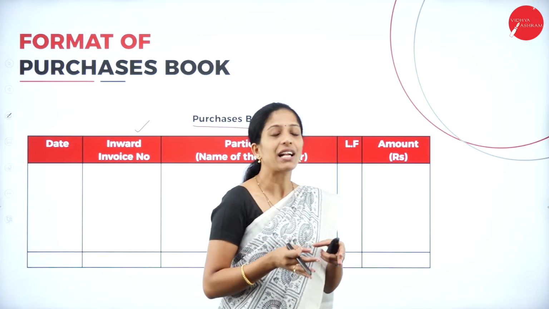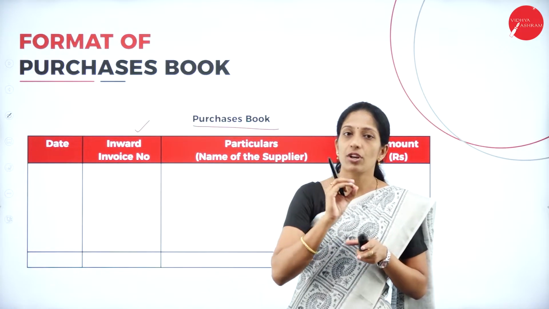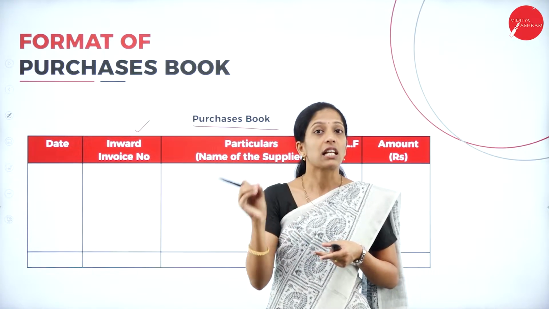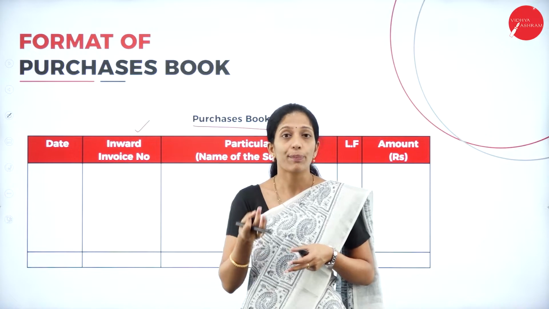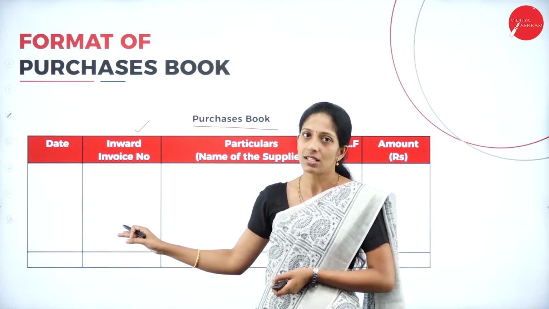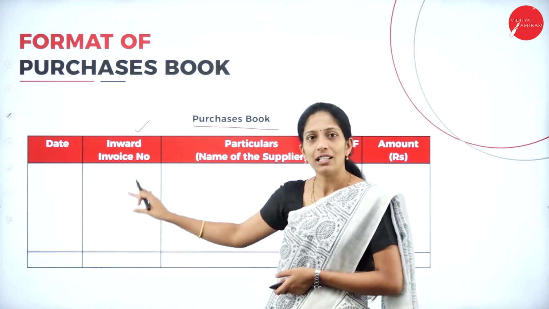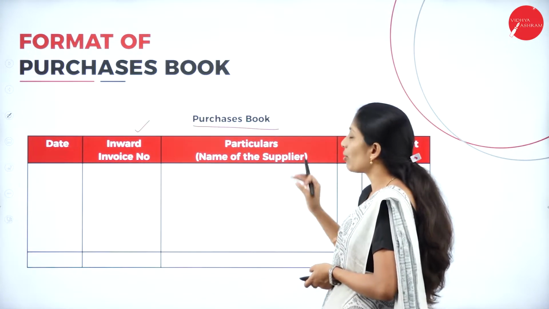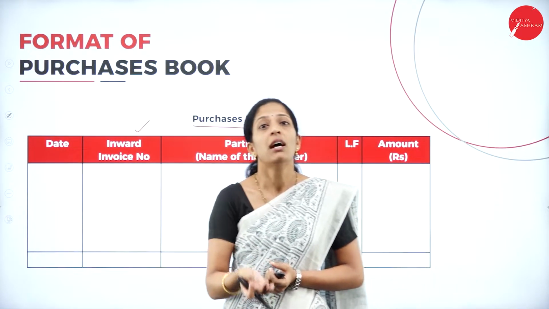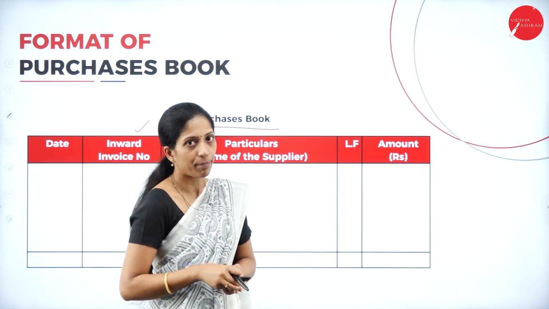So what is the format? You will have a date column where you are going to write the date of each and every transaction. Next, inward invoice number. If they have given the inward invoice number in the problem, you have to fill it in. If they have not given it, let it be blank. Next, name of the supplier from whom we have purchased the goods on credit basis.